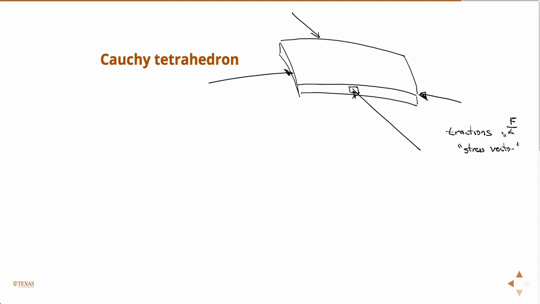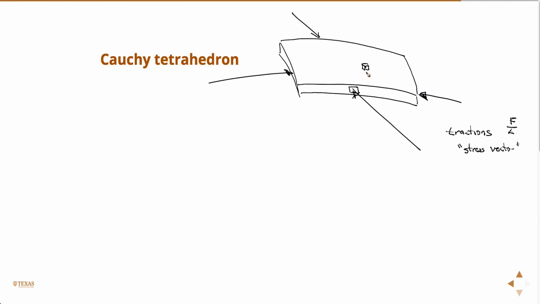All right. And then, of course, if we were to look at any little infinitesimal cube inside this guy, there's also going to be a body force acting on it. What's the body force? There's at least one. There could be more, but there's at least one body force acting on all of us.